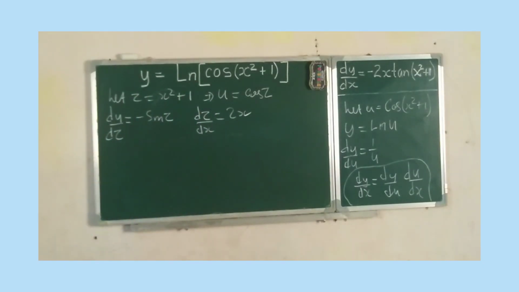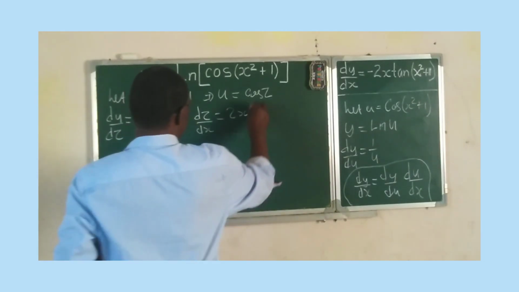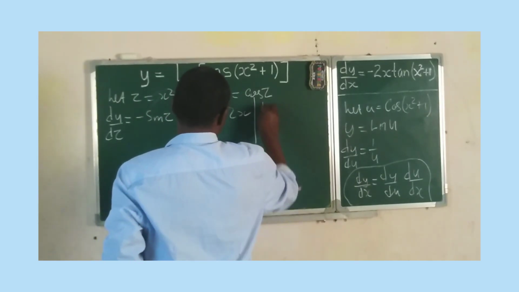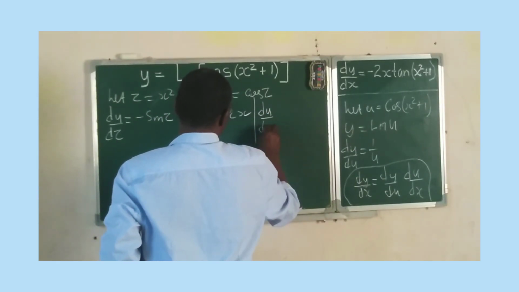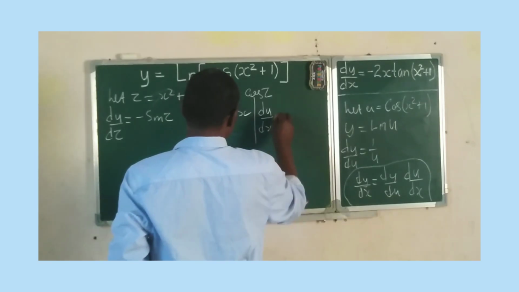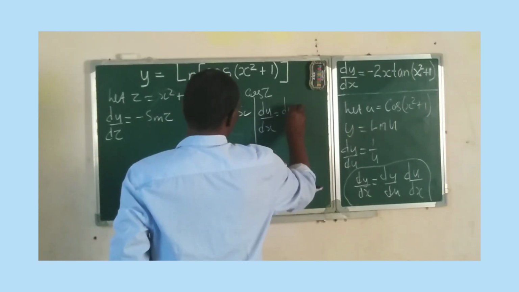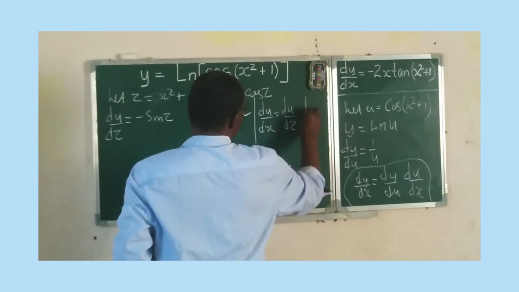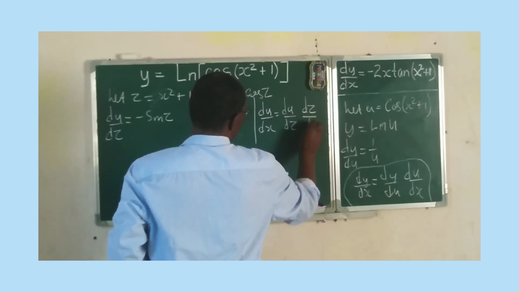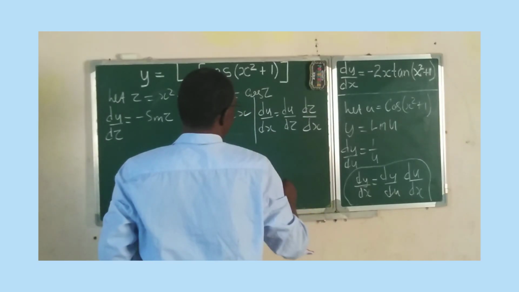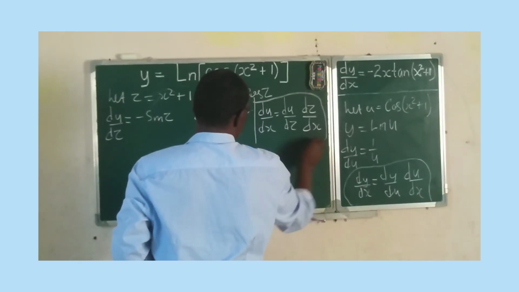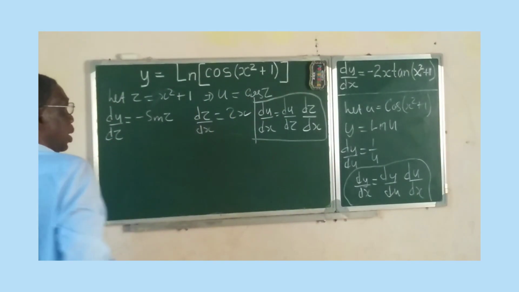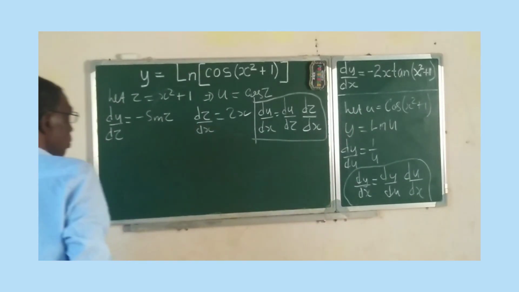That's obvious, isn't it? Now, again, our chain rule. What does it say in this case? Well, it says du/dx will be equal to du/dz multiplied by dz/dx, isn't it? That's our chain rule for this function here.